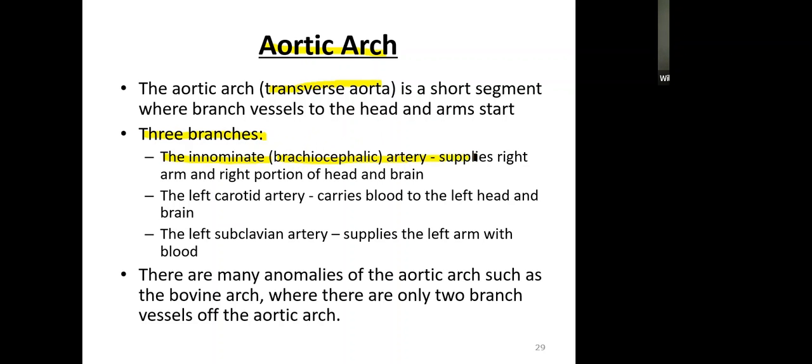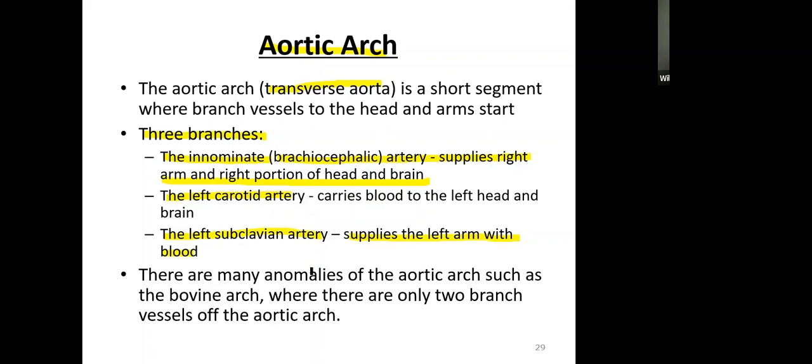And it supplies the right arm and right portion of the head and the brain. That's what it does. The left carotid artery is going to carry blood to the left head and brain. The left subclavian artery is going to supply the left arm with blood. So these are the three branches: the innominate brachiocephalic, the left carotid artery, and the left subclavian artery.